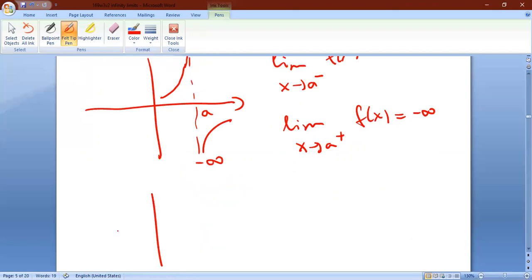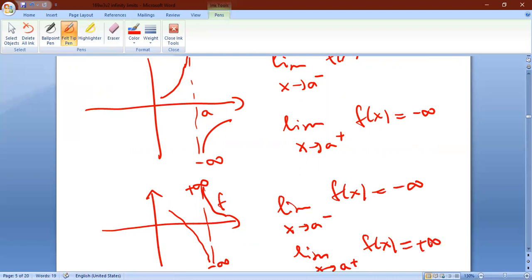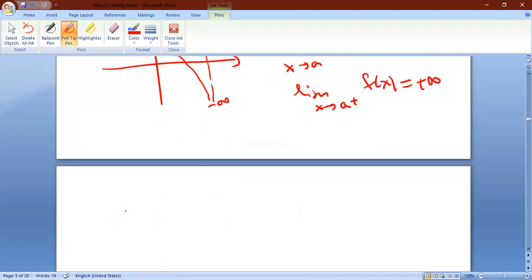Or you can have the vice versa situation. Let's say from the left it can be going to minus infinity, from the right it can be going to plus infinity. So you can say then from the left it's minus infinity, from the right it's plus infinity. Also you can have some crazy situations like this.